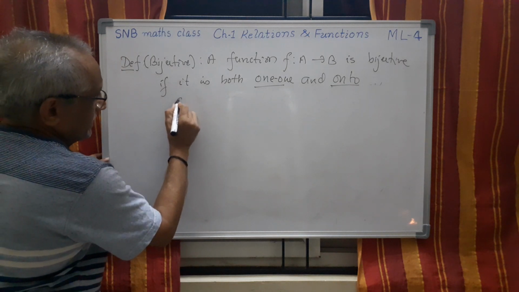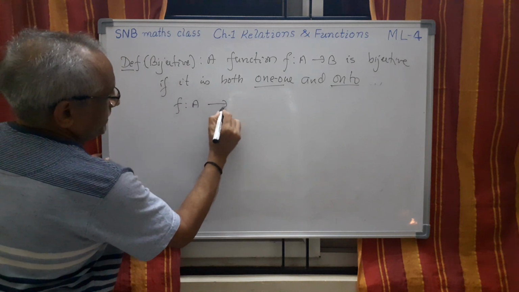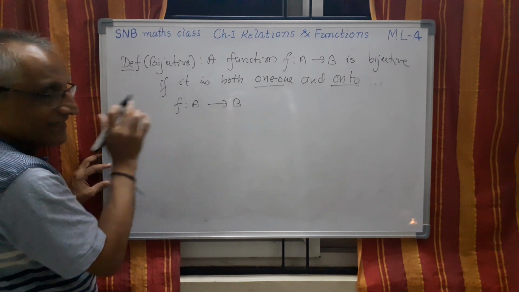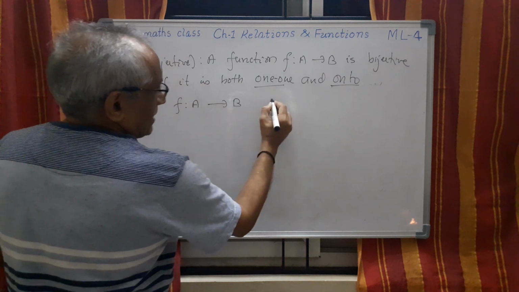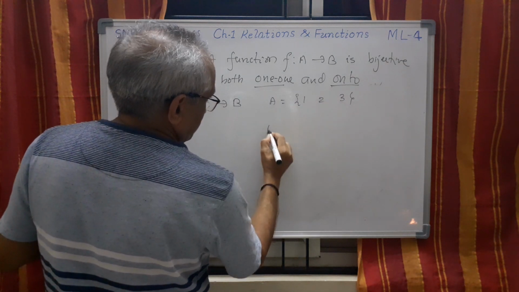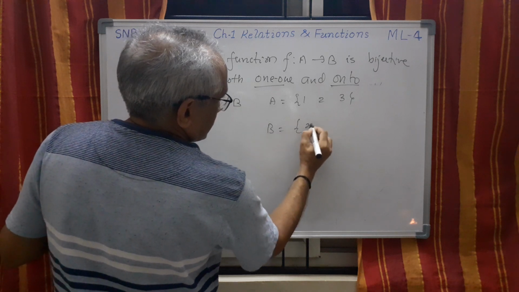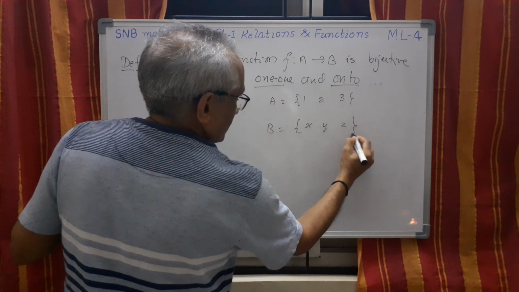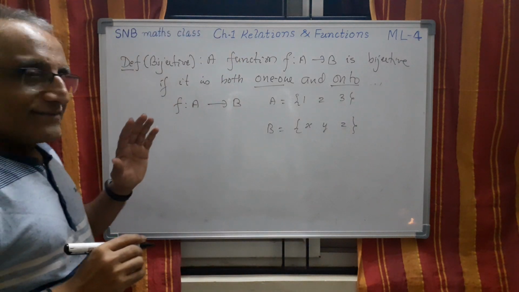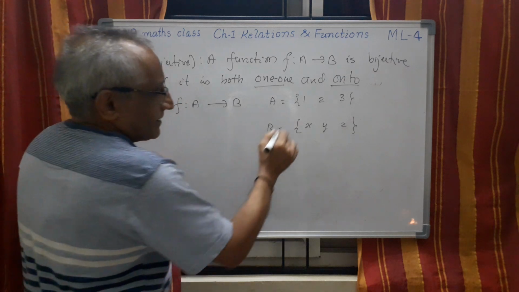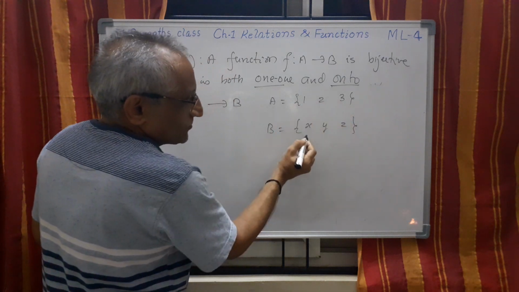Say you take f from A to B, where both A and B are finite sets. For example, I will take A equal to {1, 2, 3} and B equal to {x, y, z}. Now be careful. Since f should be 1-1, different elements here should go to different elements.